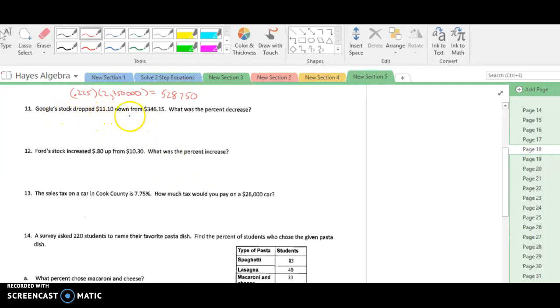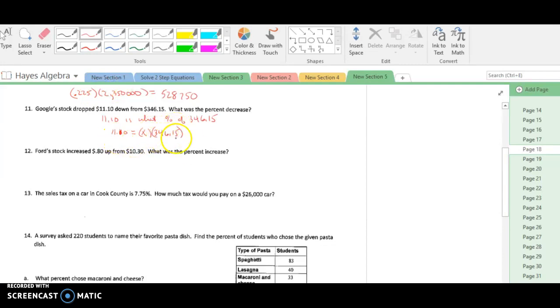Google stock dropped $11.10 down from $346.15. What was the percent decrease? Well, $11.10 is what percent of 346.15? So 11.10 equals what percent, x times 346.15.